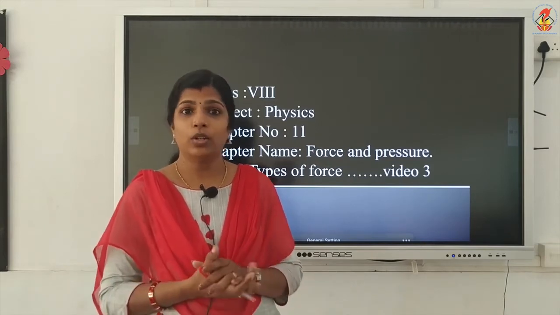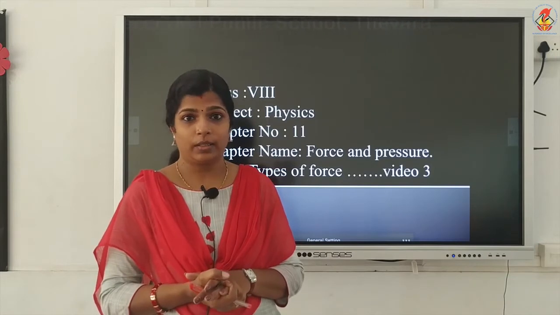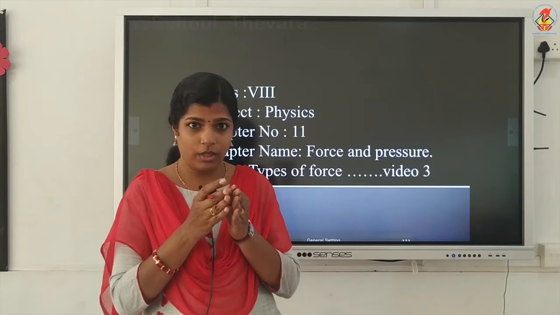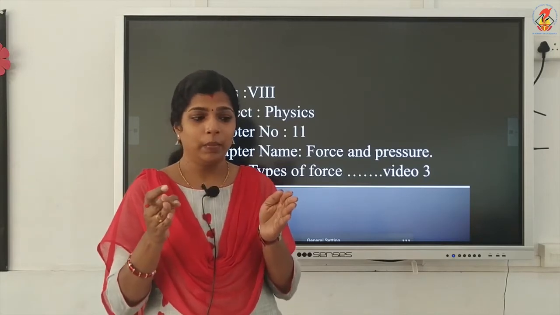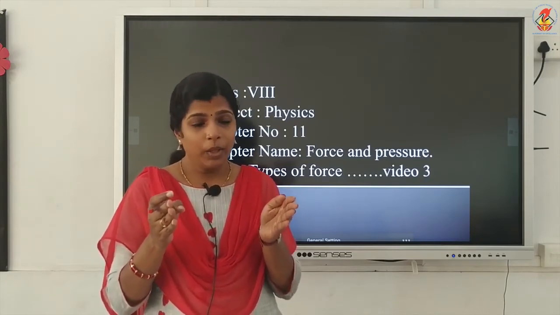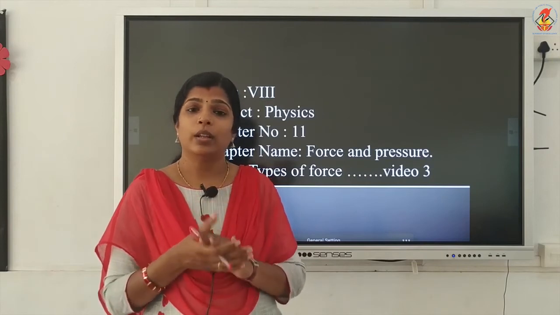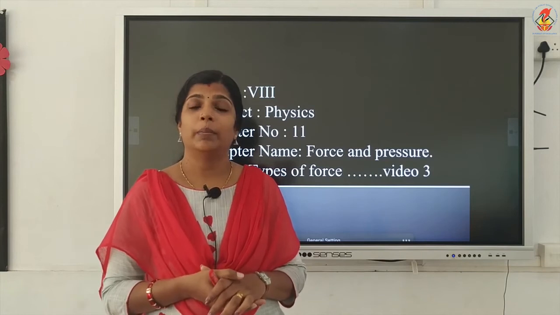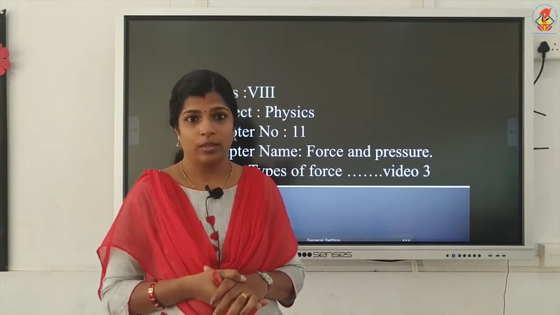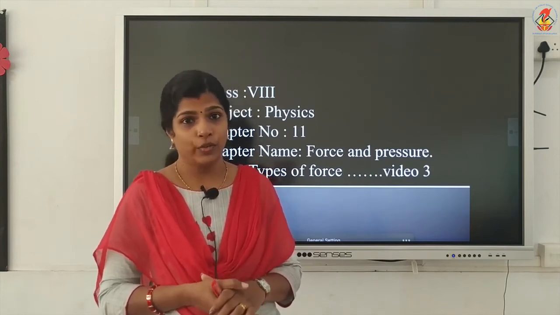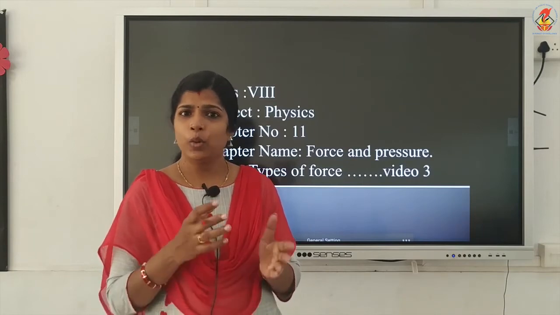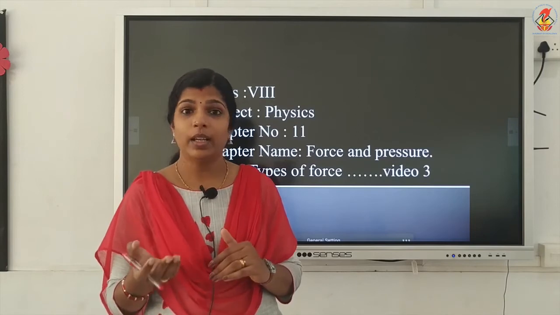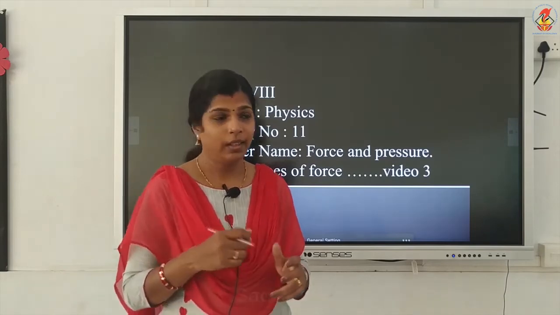They are placed apart, not together. But still, one magnet can exert a force on another magnet. That is known as magnetic force. Then, like poles will repel, unlike poles will attract.